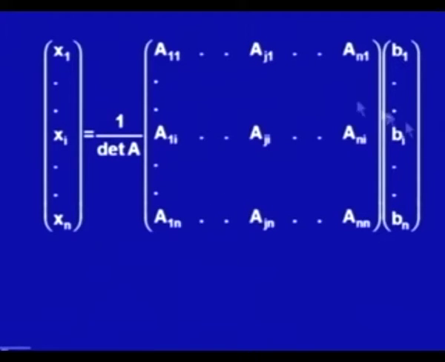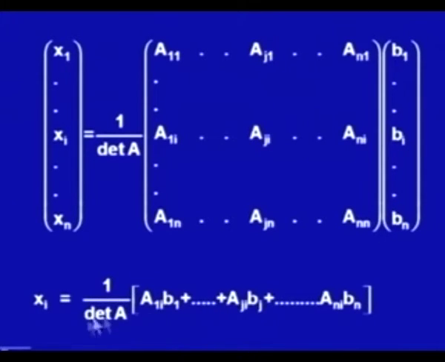So, if I perform this multiplication and consider the ith component, xi is equal to 1 upon determinant A, this is constant, so I am writing it here. Then I will see what is the ith component from this product. To get the ith component of this product, this is A1i multiplied by b1, then we will have A2i multiplied by b2.